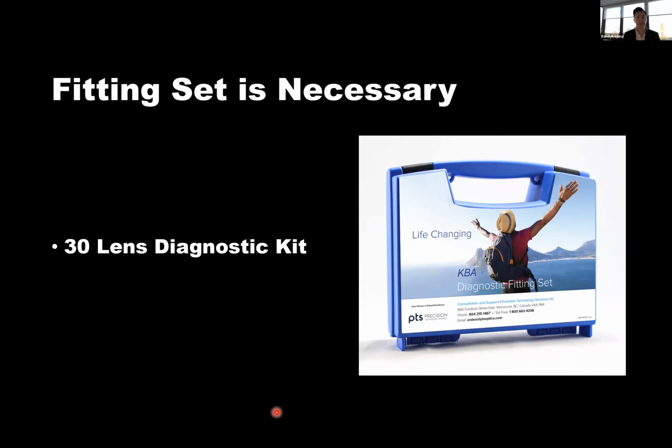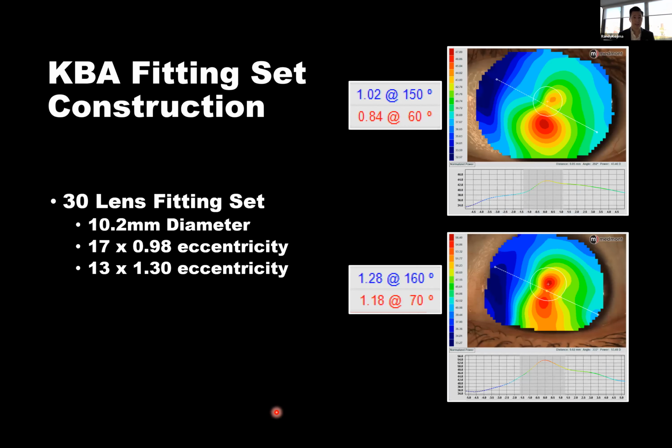Now, to fit any kind of corneal GP or any irregular cornea, we need a fitting set, certainly whether it's corneal GP or scleral. So the KBA comes with a 30 lens diagnostic set that you can get from Spectrum International. And that set includes 17 lenses in the lower eccentricity value, 13 lenses in the higher eccentricity value.